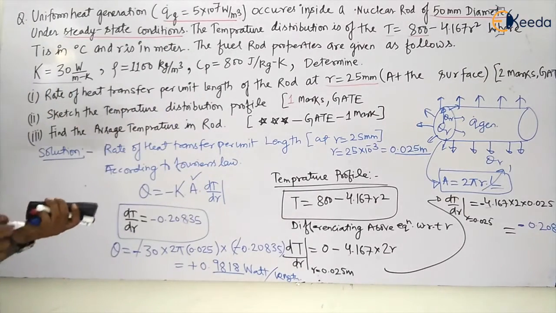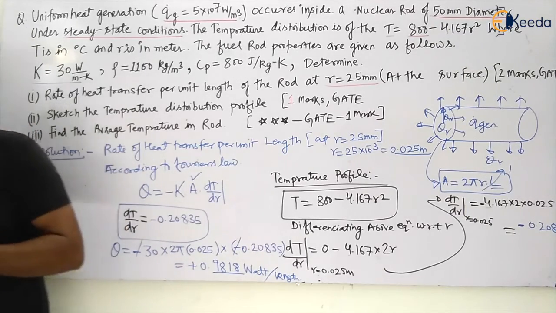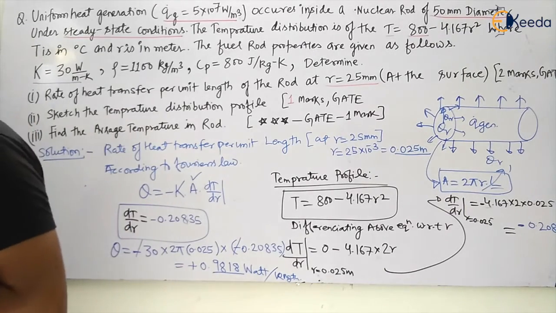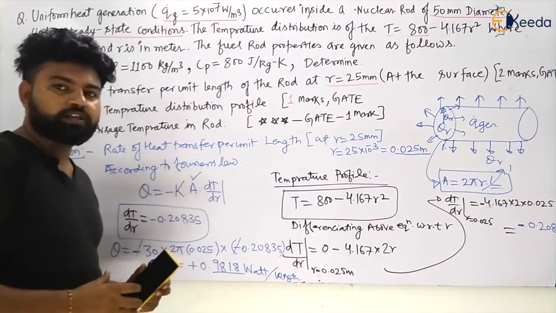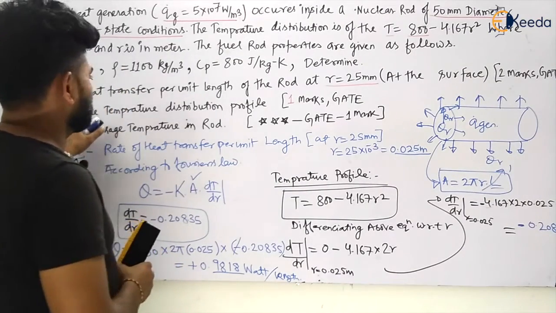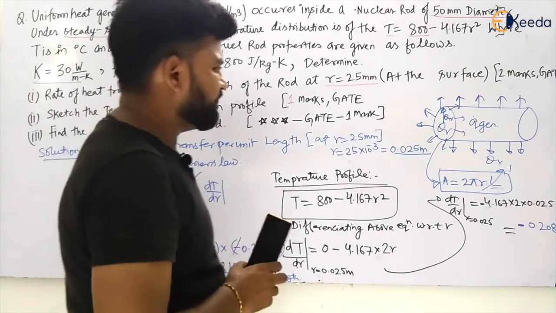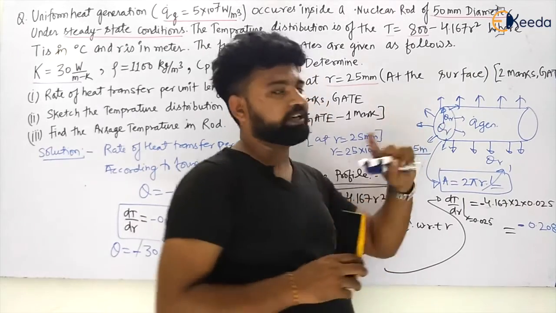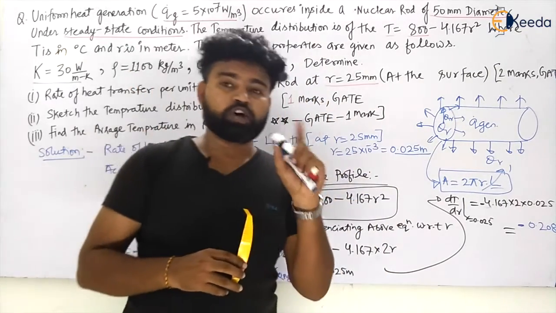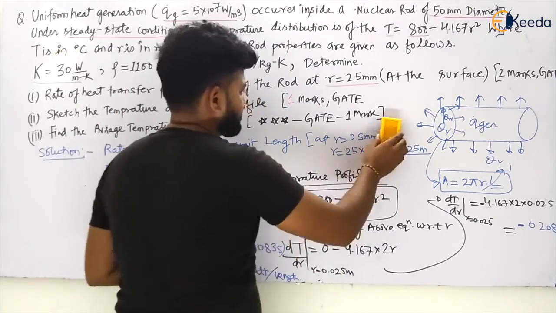Now let us move on to the next question, which is to sketch the temperature profile distribution. If we have the Q generation, let us see what the temperature distribution profile will be. For that we have to calculate the temperature at all points, at the inside and at the outside, and we know the temperature profile is logarithmic inside the cylinder.